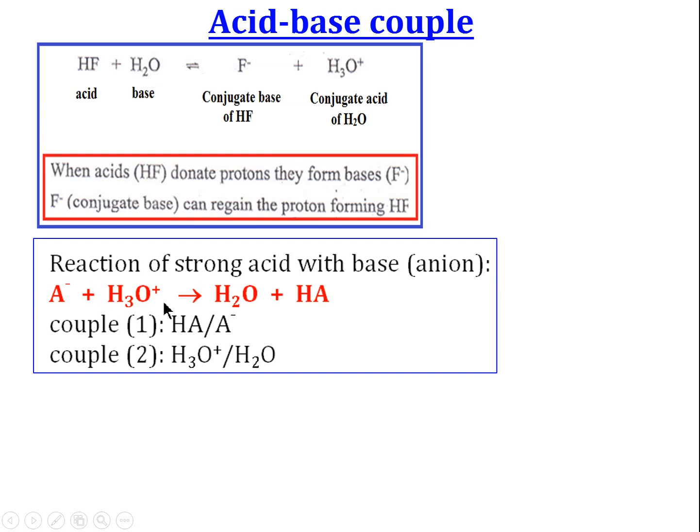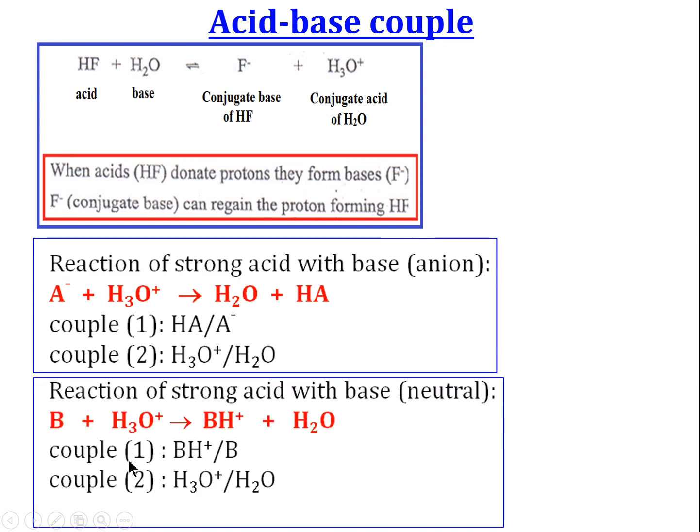And when H3O+ releases H+ to A-, it becomes H2O. So in this reaction, we have two couples. Couple 1, which is HA/A-, and couple 2, which is H3O+/H2O.